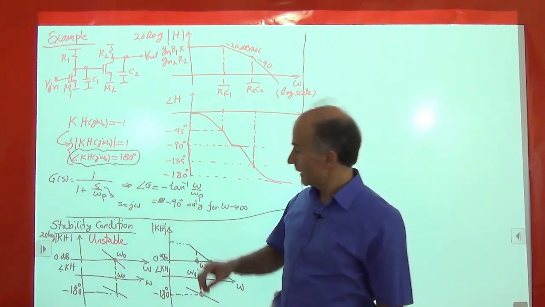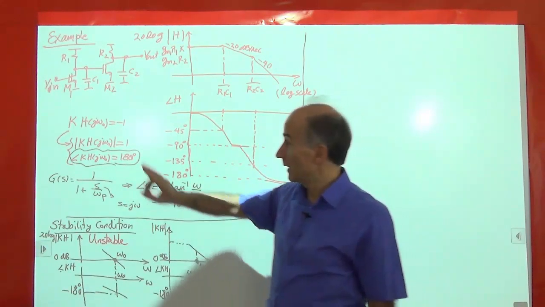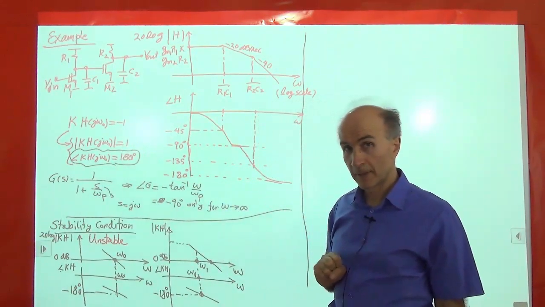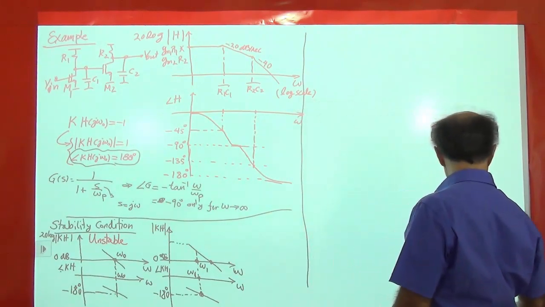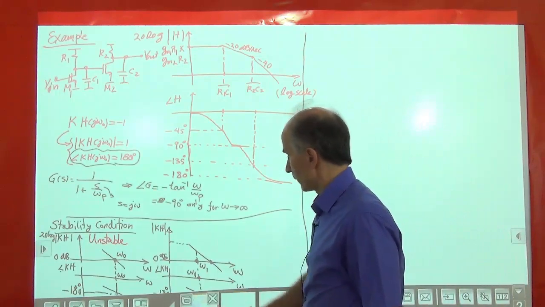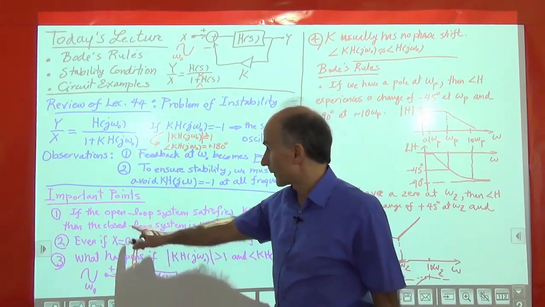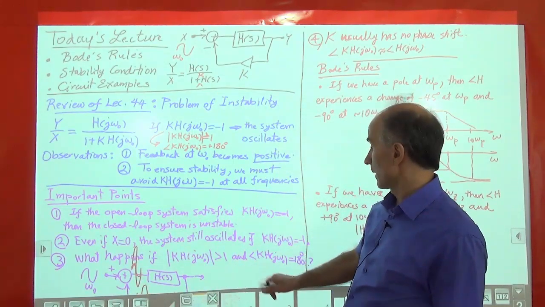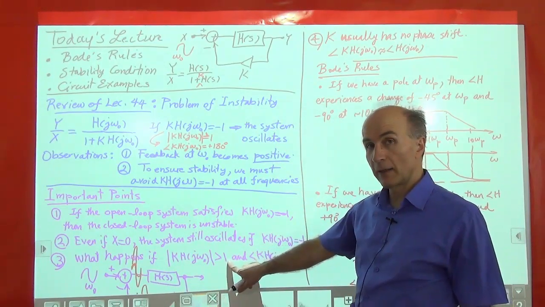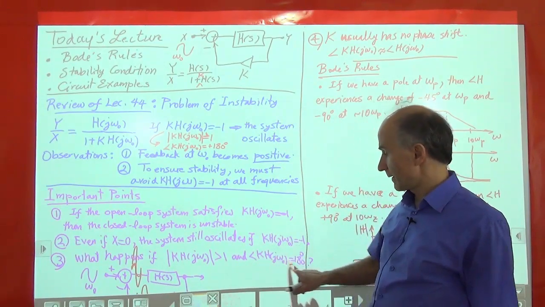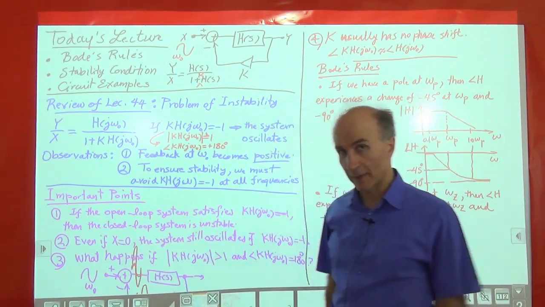So the phase shift at this frequency is 180 degrees. The magnitude at that frequency is greater than 1. That system is not stable. Remember, among the important points that I wrote on the previous slide, I didn't prove it, but we just accept that if the magnitude of the loop gain is greater than 1 and the phase is 180 degrees, we saw that as it goes around, it blows up, so it still oscillates.